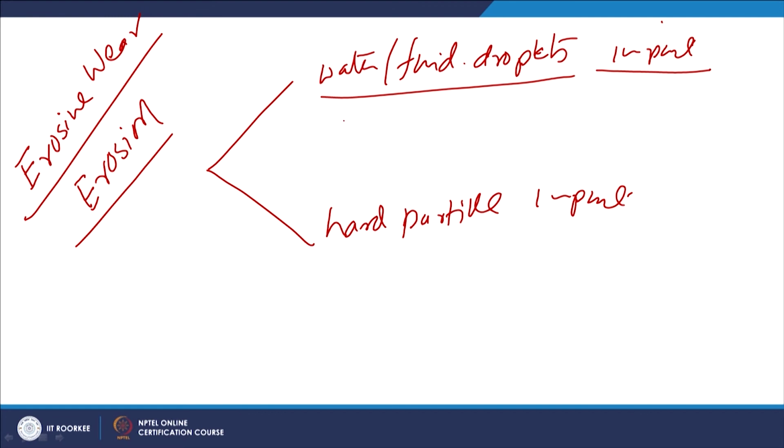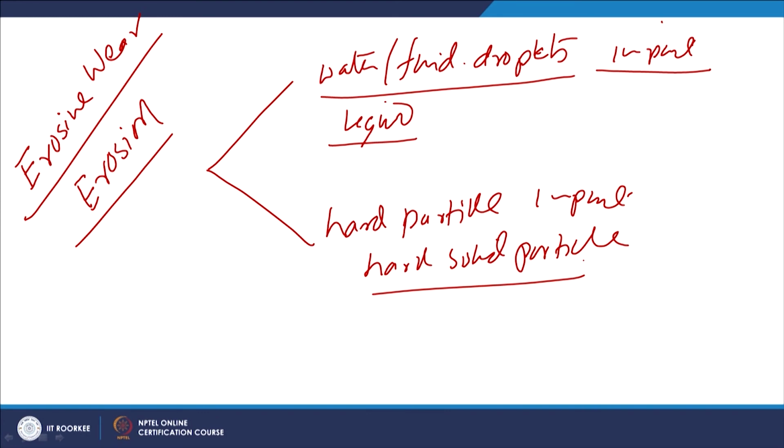So, basically it is the drops of liquid and the hard solid particles, their impingement or impact with the surface of the workpiece, that causes the removal of the material.